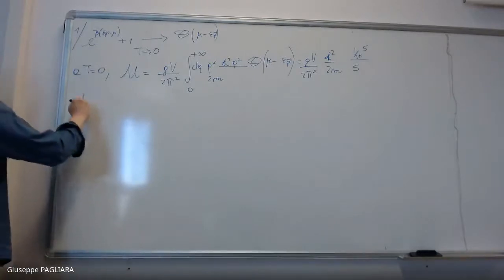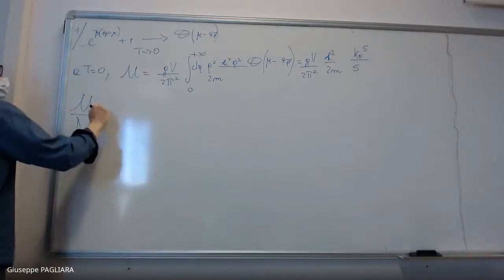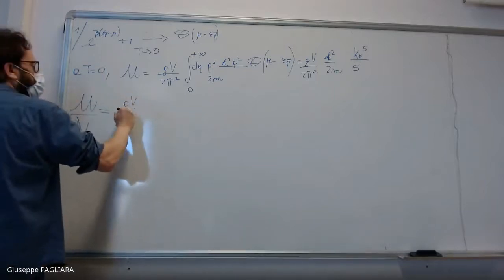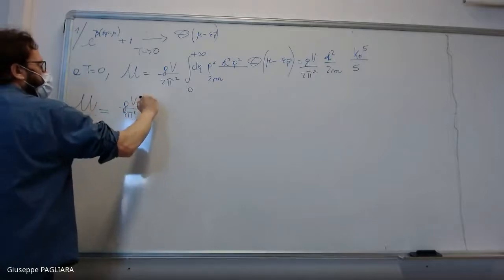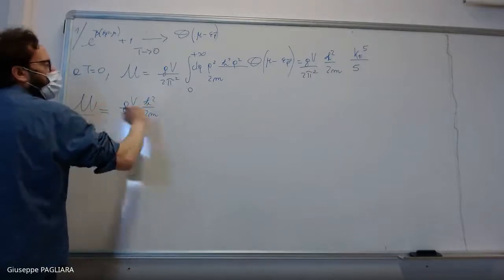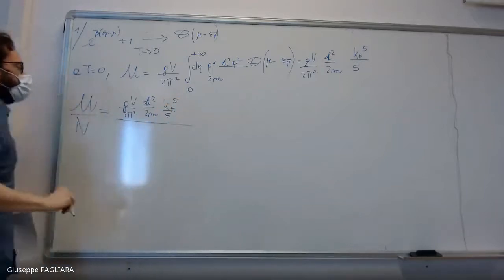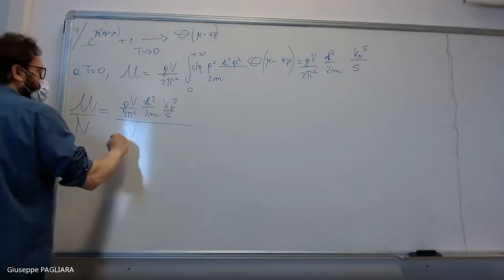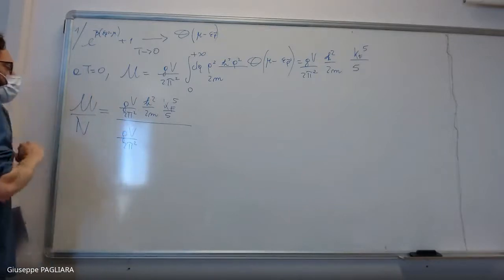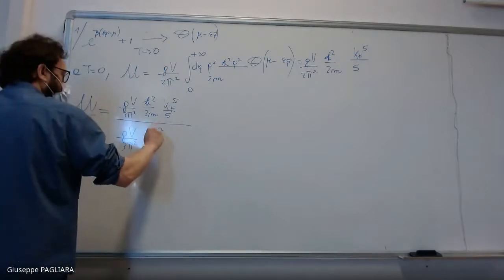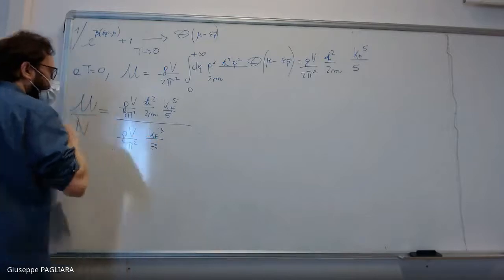And let me compute U divided by N, where N is the number of particles, so the energy per particle, if you want. I have the same expression as before, g V over 2 pi squared, h bar squared divided by 2m, kF to the power of 5 divided by 5. And here instead N is g V over 2 pi squared, and here I have a Fermi momentum cubed divided by 3.